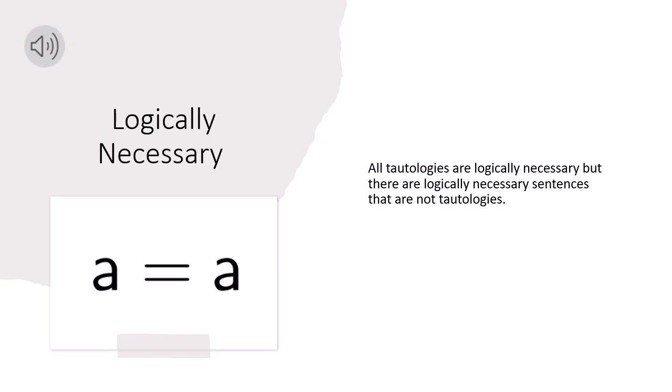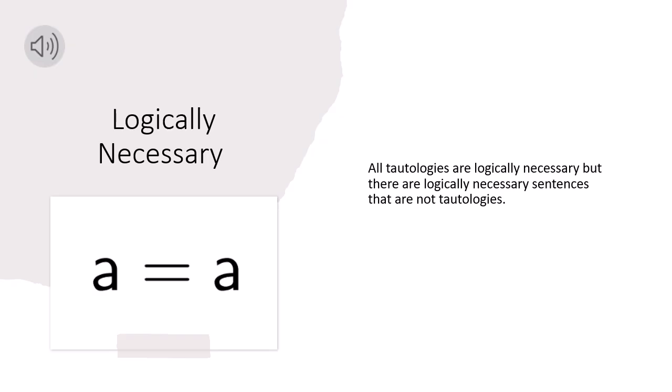On the other hand, notice that on its own, A equals A is just simply an atomic sentence. There are no Boolean connectives being used here. And so if we were to construct a truth table for this particular atomic sentence, it would be really simple.